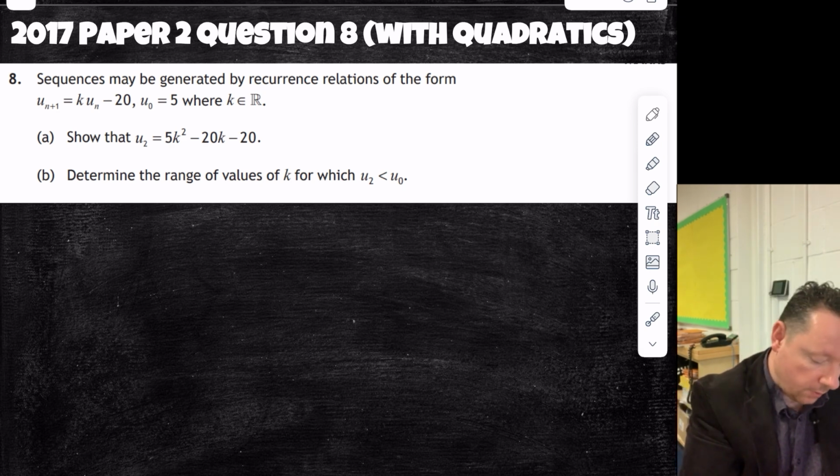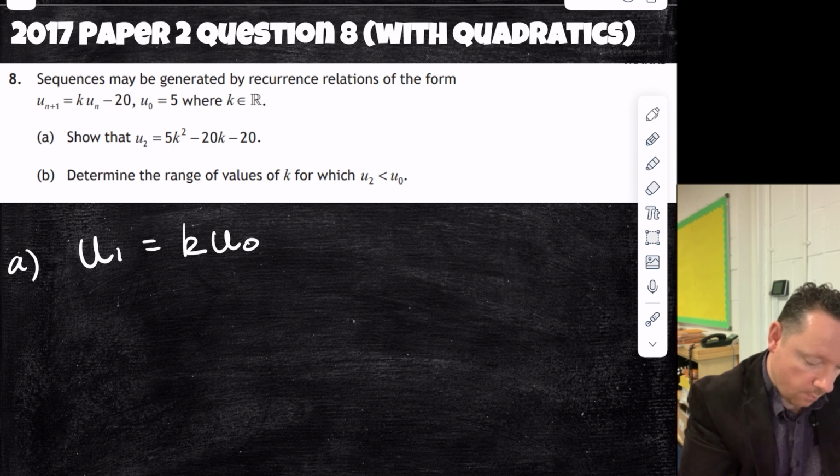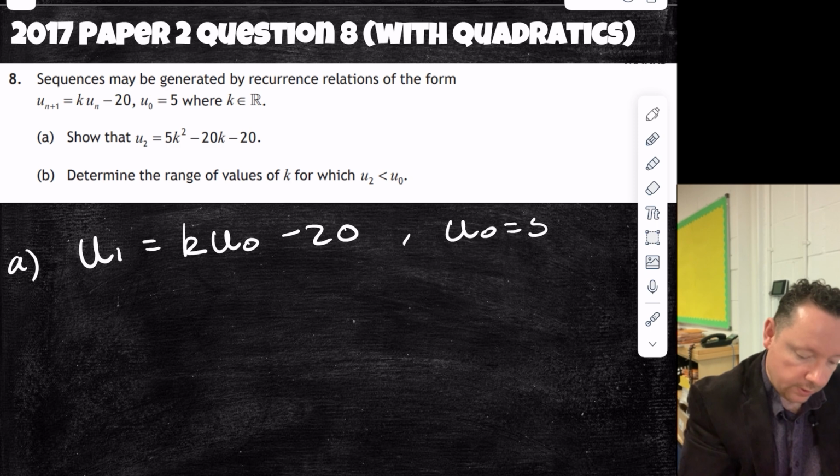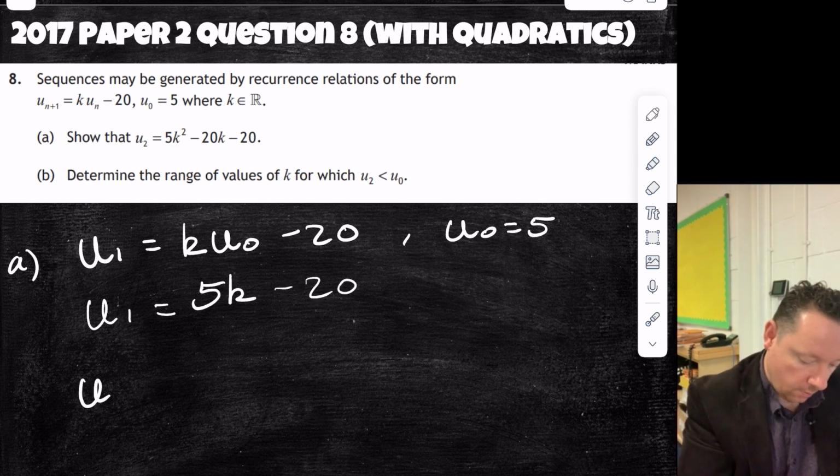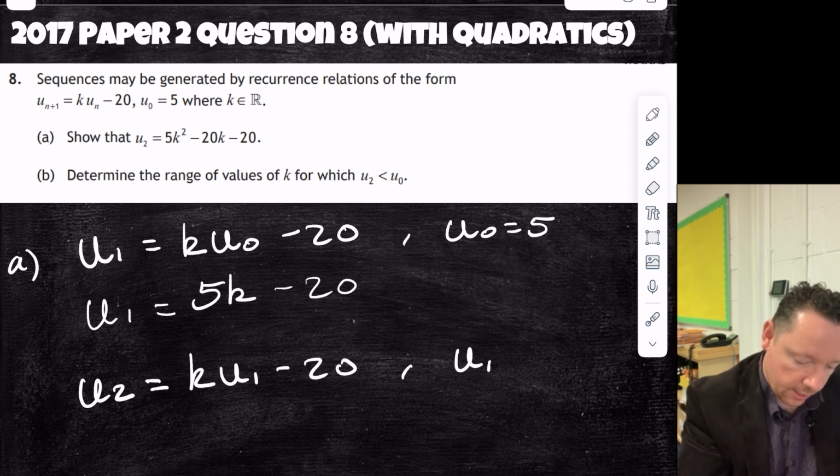So first of all, for part A, I need to find u1 because it will be k times u0 minus 20. And we know that u0 equals 5. So we can sub that in to get u1: 5 times k minus 20. And now we can find u2 because u2 is just going to be k u1 minus 20, and we know that u1 is equal to 5k minus 20.